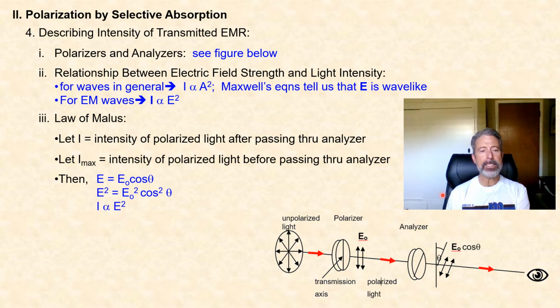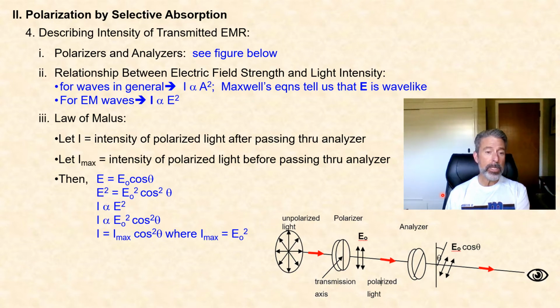Because we said that the intensity of the electromagnetic radiation is proportional to the square of that electric field, in which case we can say that I goes like E naught squared times the cosine squared theta. And here we can write our expression for intensity after passing through the analyzer as follows.